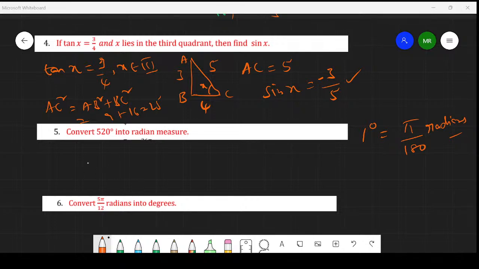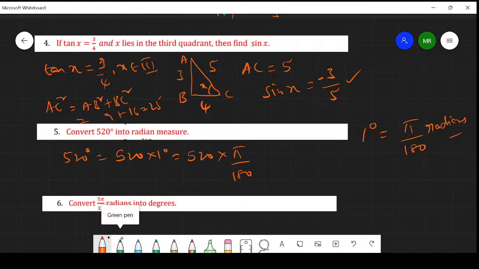When I am converting this 520 degrees, I can write 520 into 1 degree. What is the 1 degree value? 1 degree is pi by 180.